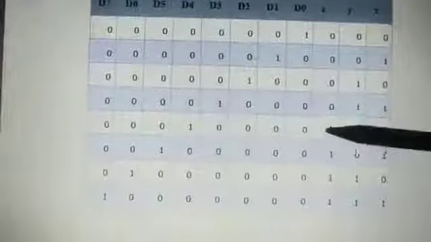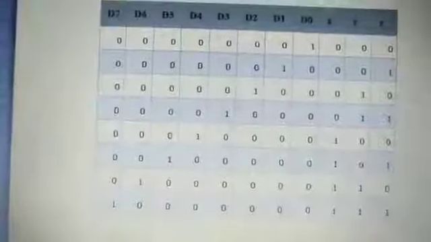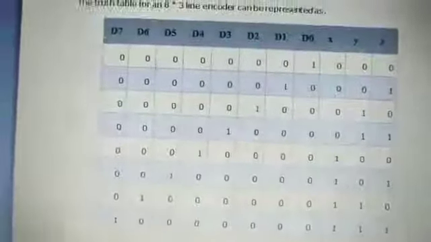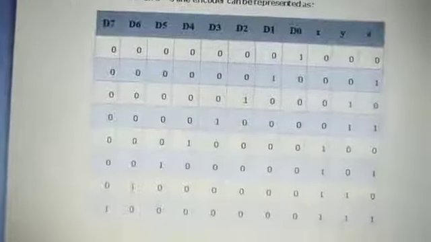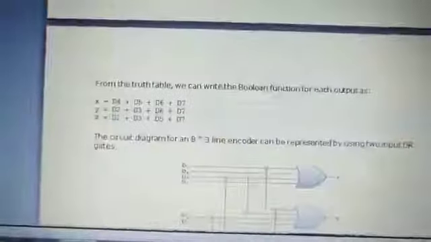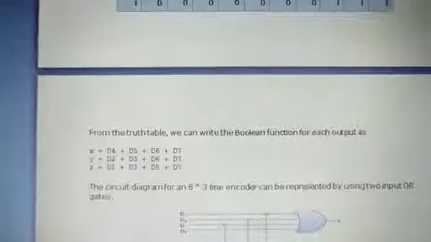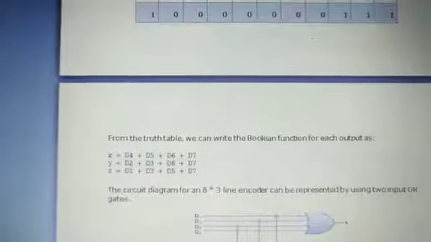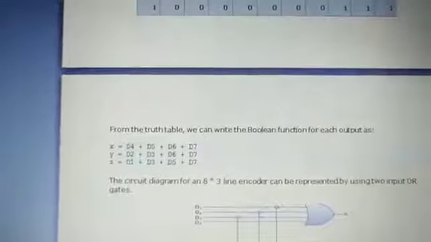We have to find out that one. Here we are getting the value 1. Looking at the circuit again, X we are getting for D4, D5, D6 and D7.